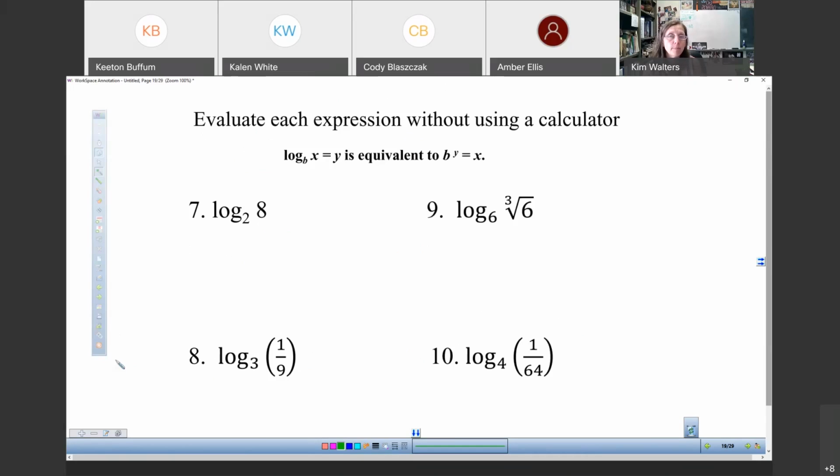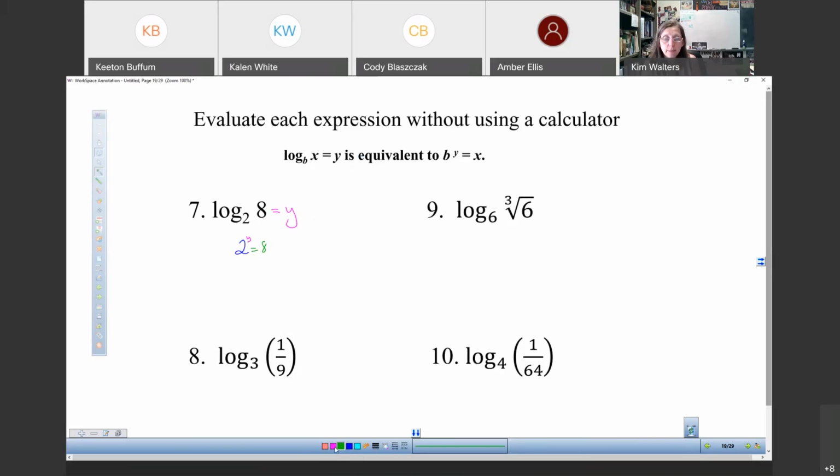Remembering that the value of my logarithm is my exponent, when I try to solve this, I can say this is equal to y, because I don't know what y is. And so I can rewrite this as 2 to the y power is equal to 8.